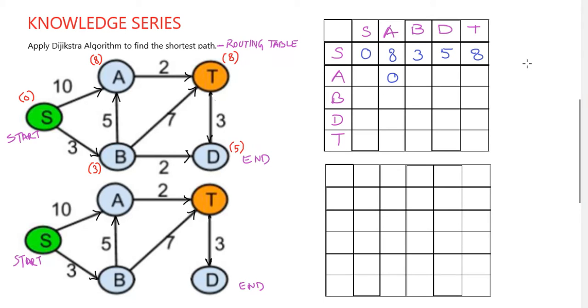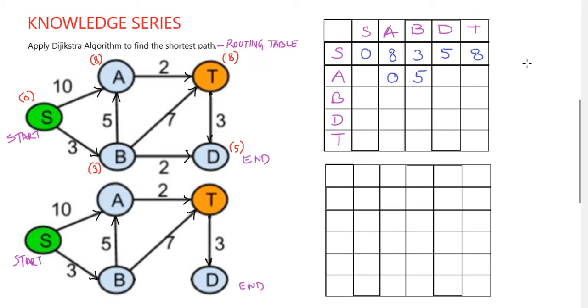And next we go from A to B. A to B, if this is 0, and then if you add the link cost, we will be getting 0 plus the link cost, which is 5.